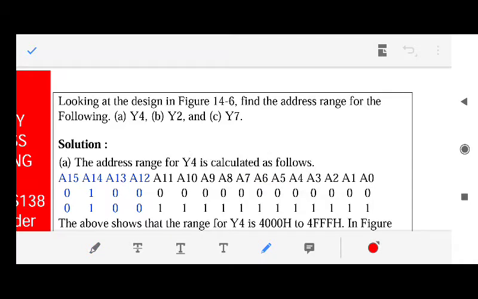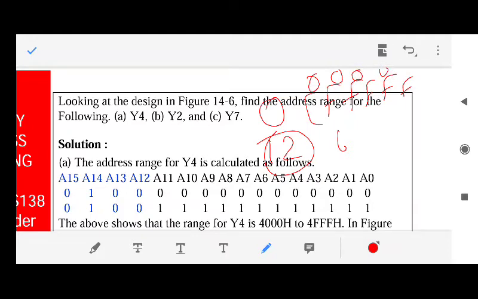It is using only 12 address lines, and the remaining address lines are used to select the chip. So the address range, which was initially 0000 to FFFF, has now been reduced. Why? Because some of the address lines are used to select the ICs. So the range of address would be reduced.